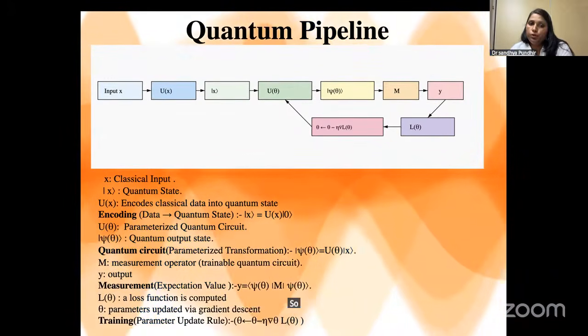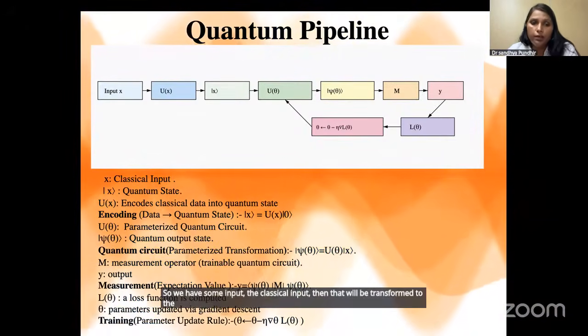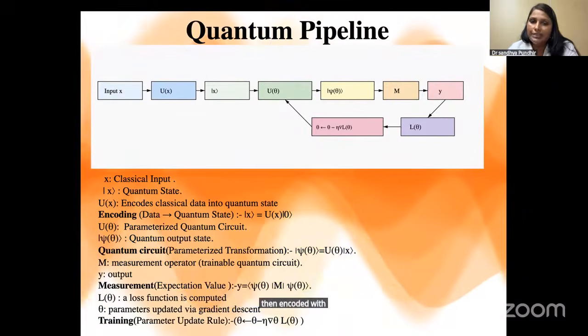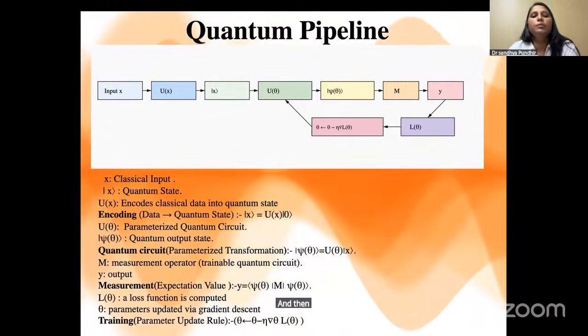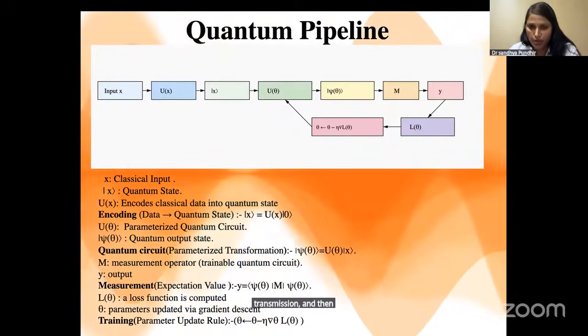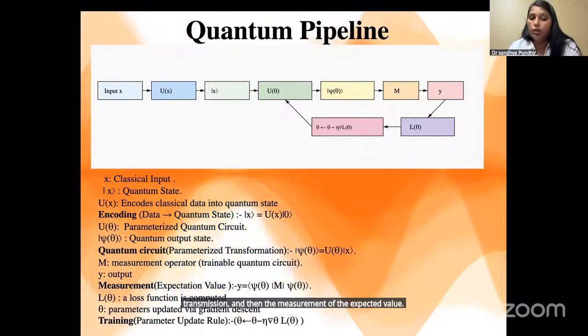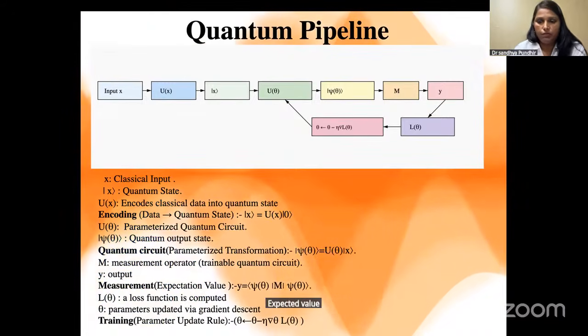So we have a classical input, which is transformed into a quantum state, encoding the classical data into the quantum state. Then comes the quantum circuit with parameterized transformation, and then the measurement of the expected value. A loss function is applied, and the training update rule continues until a satisfactory expected value is achieved.